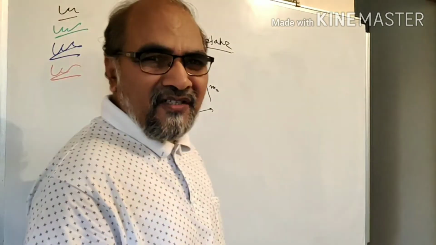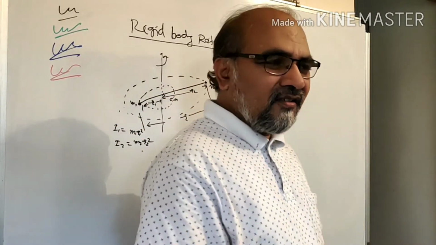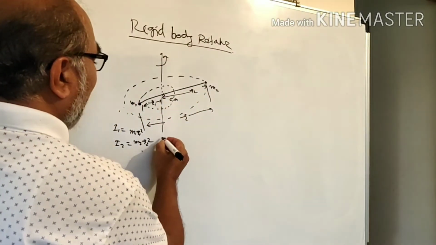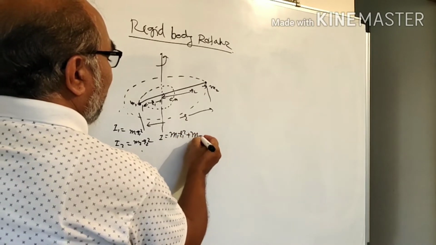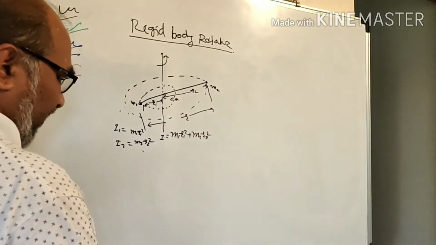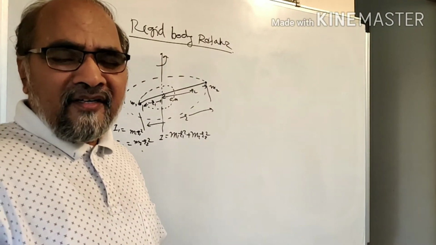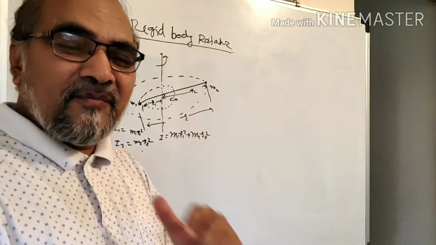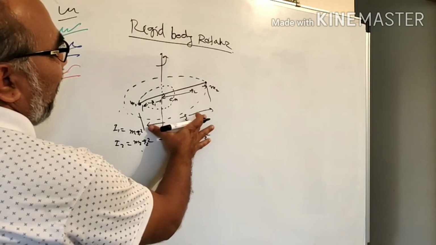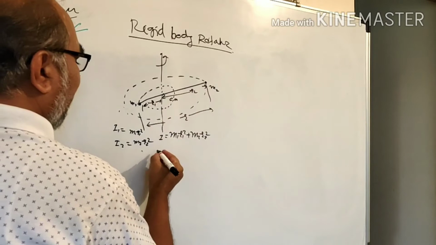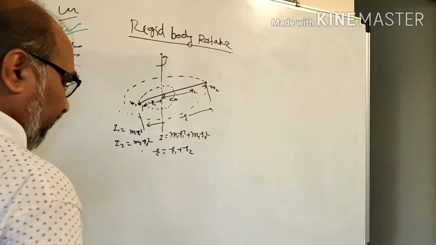This system contains two particles, so the total moment of inertia of the system is I equal to M1 R1 square plus M2 R2 square. This is the moment of inertia of the two particle system. We also know that R is equal to R1 plus R2.